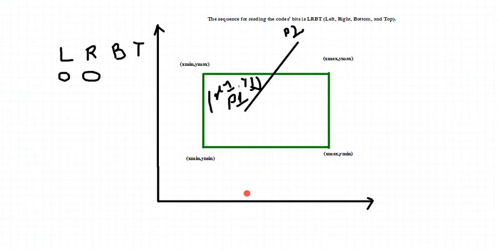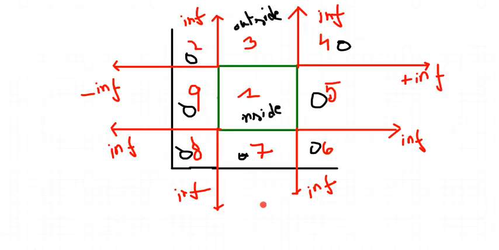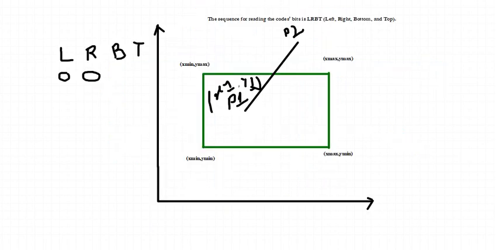That is, it is in the bottom half space with respect to your clipping window. But for point P1, which has y1 as its y coordinate value, this condition doesn't hold. y1 is not less than y min. So the condition doesn't hold and B will be set to 0 or false. Now come to the T bit or top bit, rightmost bit. Just again go back to the condition.